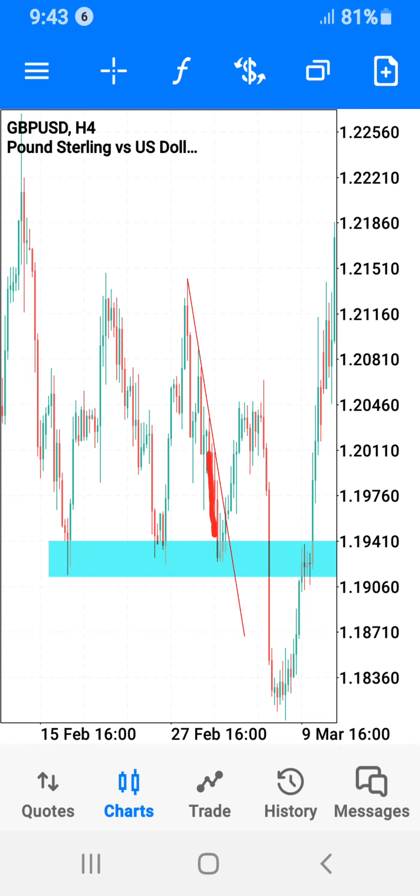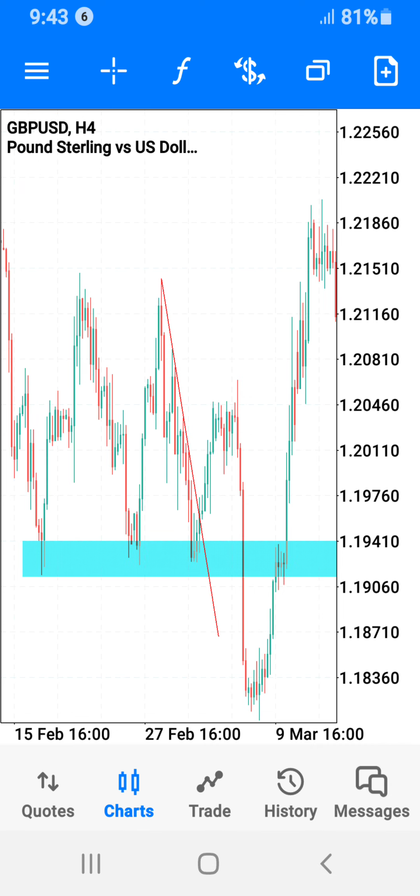And then it finally got into our resistance, and we're watching, could this break or could this start to reverse again? And then it did reverse. First of all, it gave us this small bullish move inside.